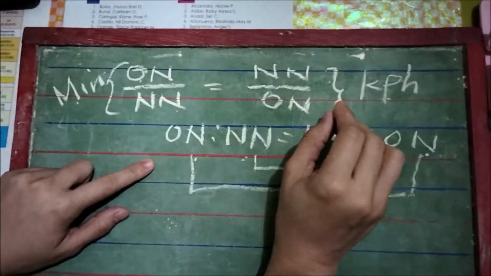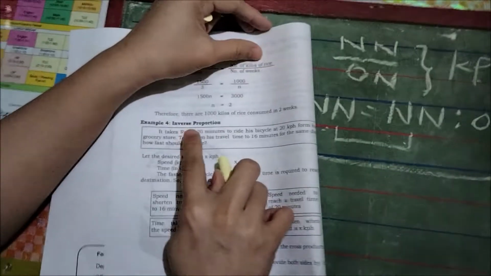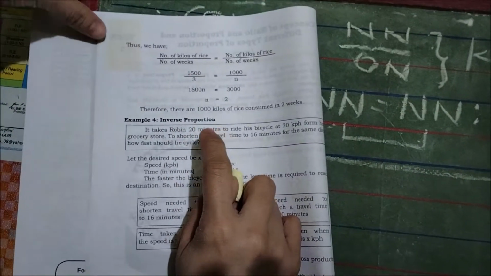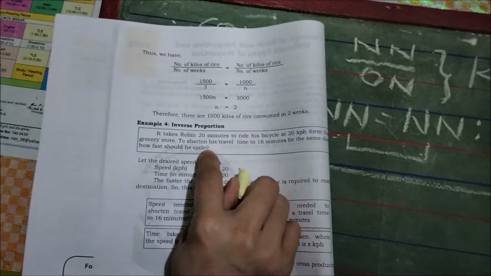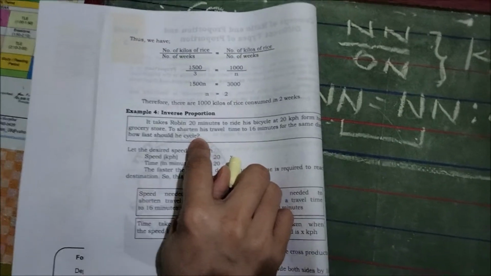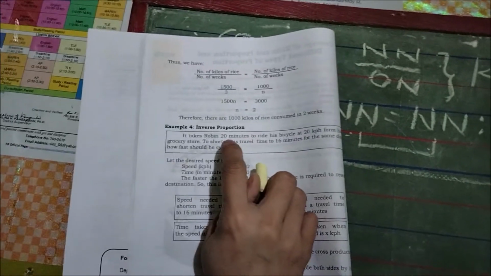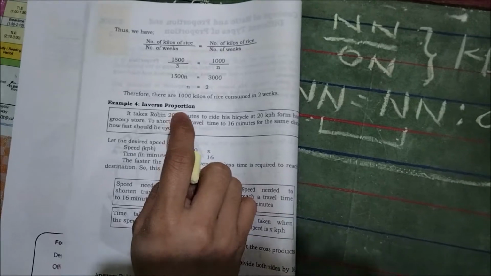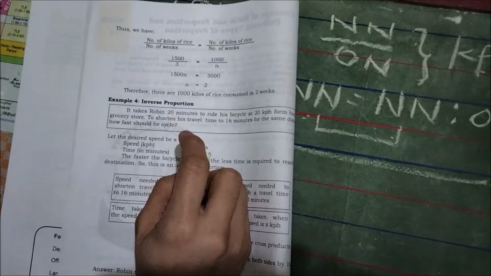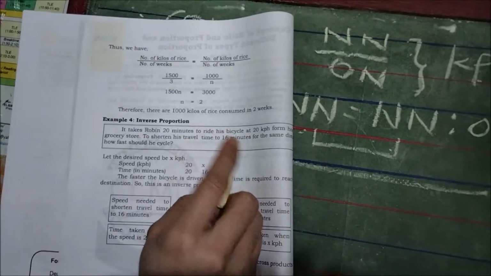This will be the format if your problem falls under inverse or indirect proportion. Again, how are you going to determine if a problem is an inverse or indirect proportion? As I had mentioned, inverse proportion happens as the value of one variable increases, the value of the other variable decreases.